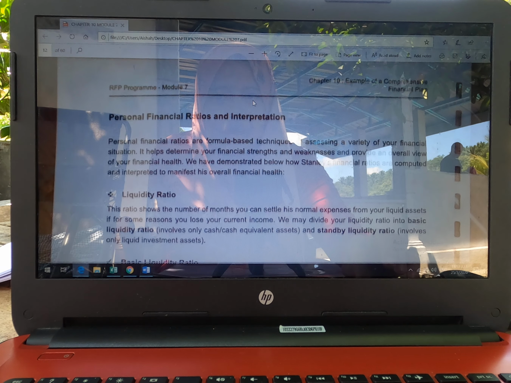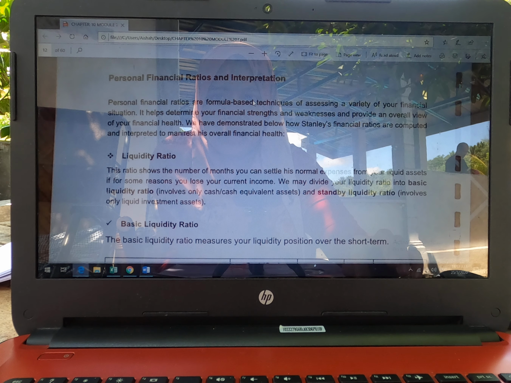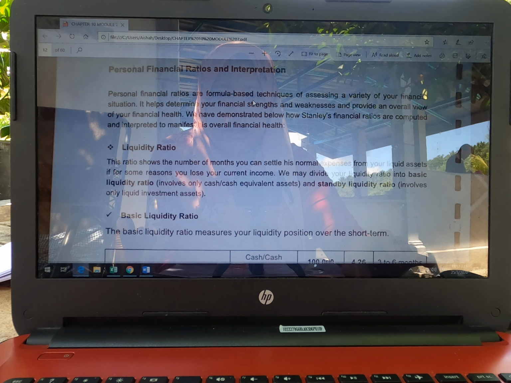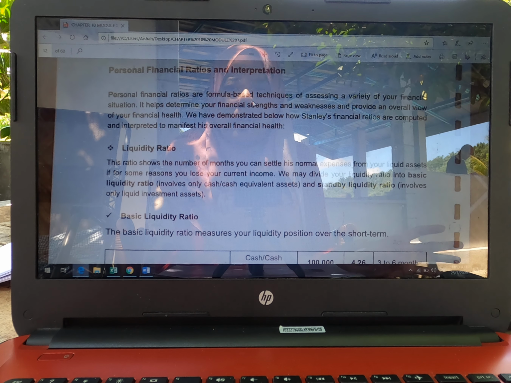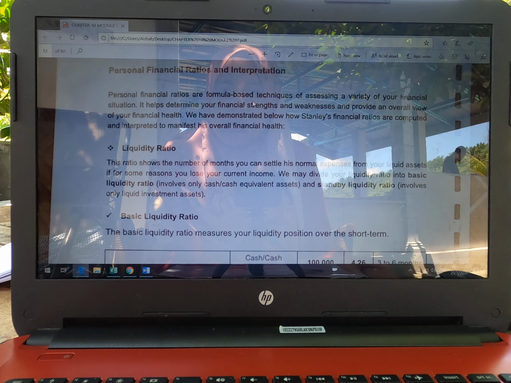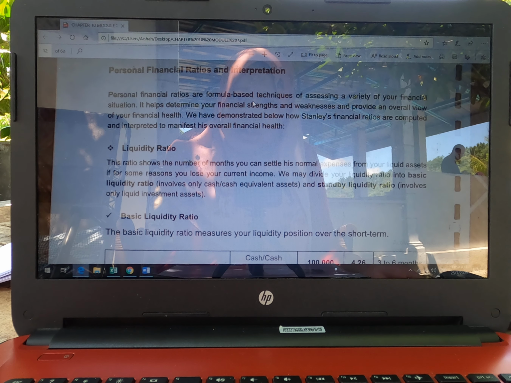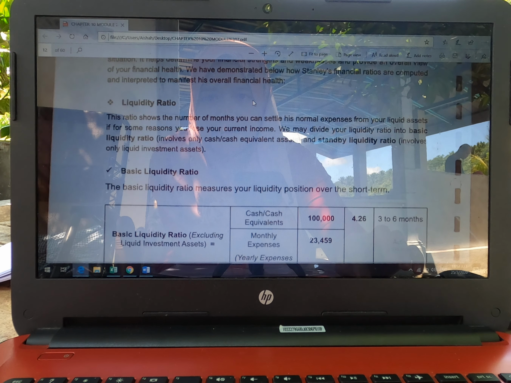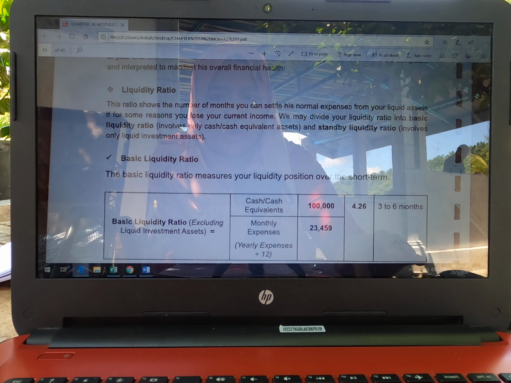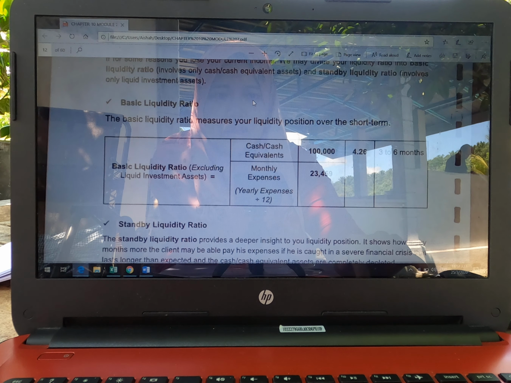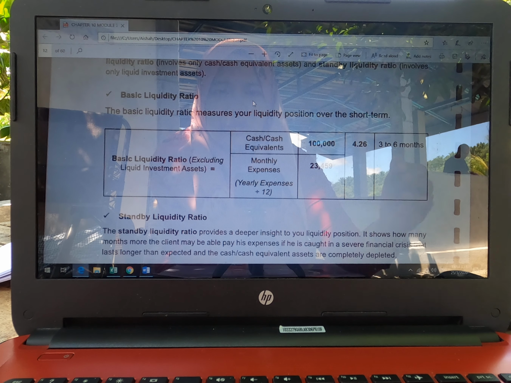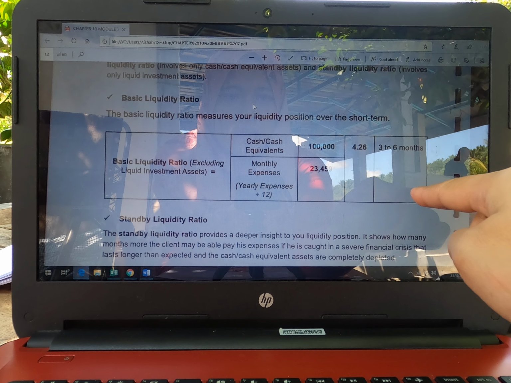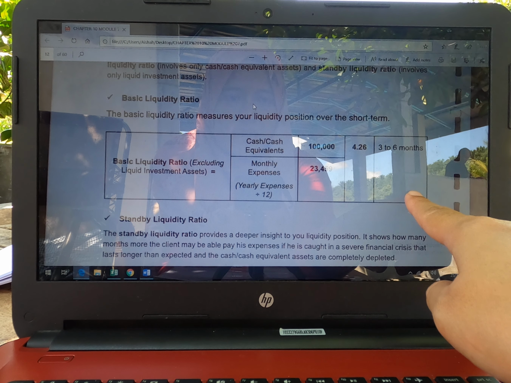Next, you need to look at the personal financial ratios and interpretation. This part is all about measuring the health of your client's financial status, and it comprises several ratios, including liquidity ratios, basic liquidity ratios, and you have the formula here, which you have to follow. The document also provides you with a general guideline.